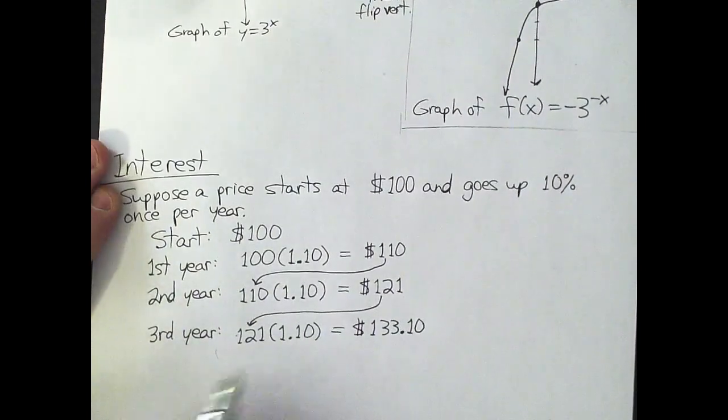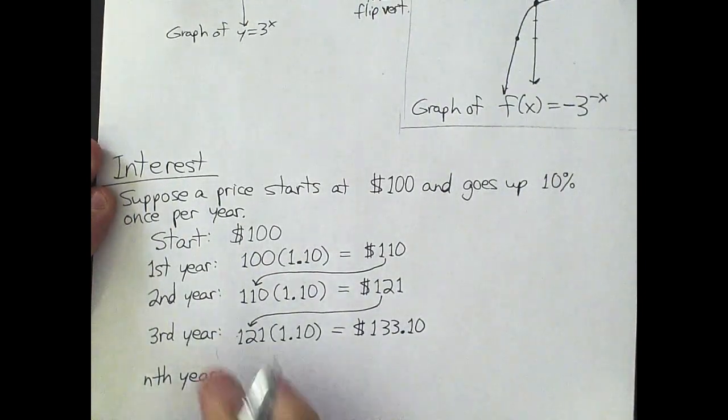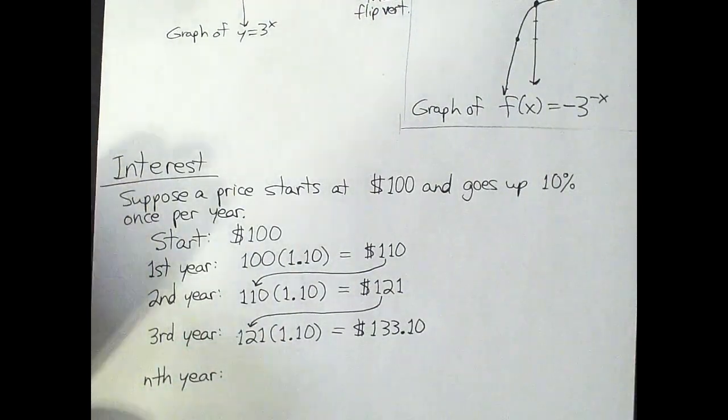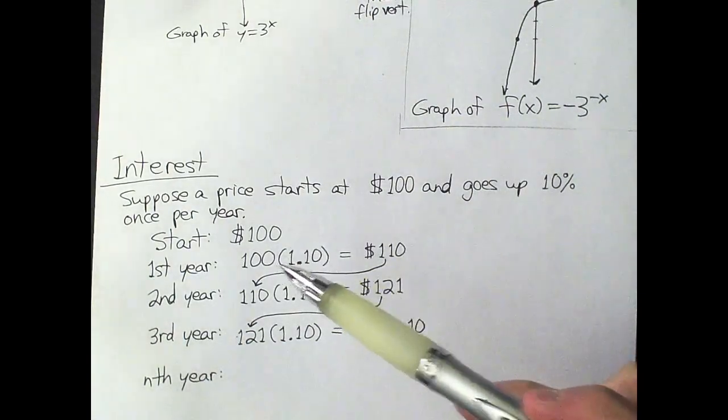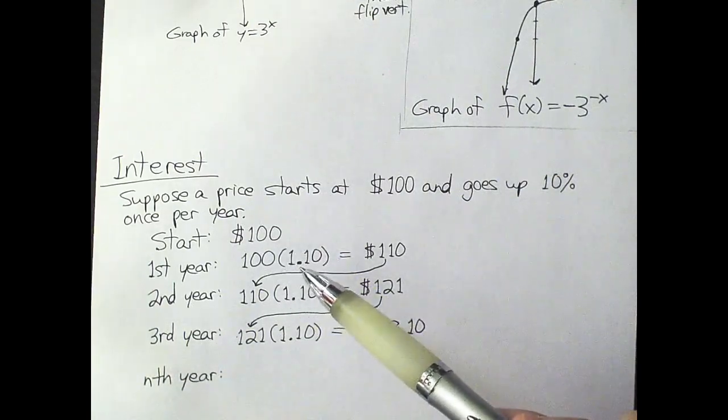What if I asked you, what is the amount going to be after the nth year? Where n is some variable, some unknown. Maybe n might be something like 10. Maybe n is 20. We don't know. We're just being more general here. Well, we could think about what we did here to get each new number. We started with 100. We multiplied by 1.10.